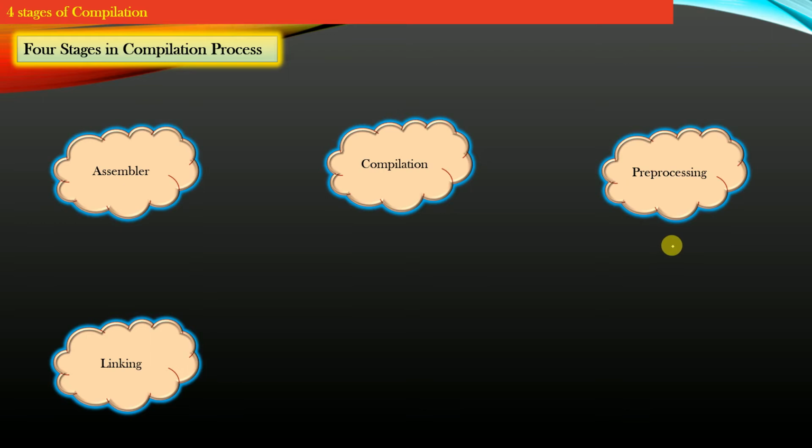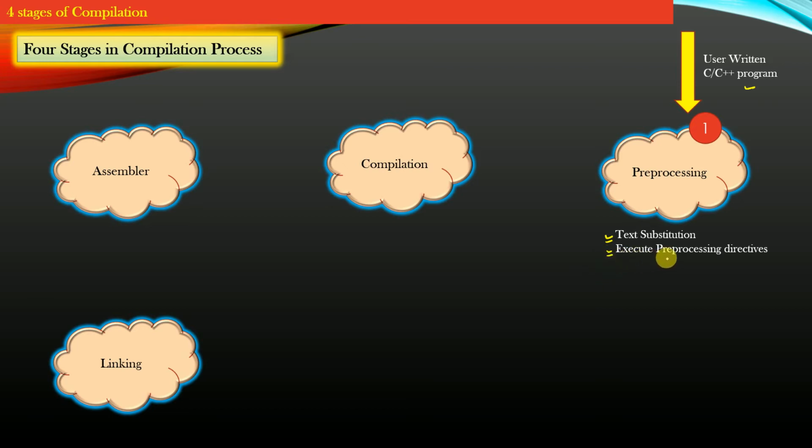So the very first stage of the compilation process is the pre-processing stage. The program that you write by your own hand in an editor is an input to the pre-processing stage. In the pre-processing stage, mainly text substitution is done and the pre-processing directives are executed.